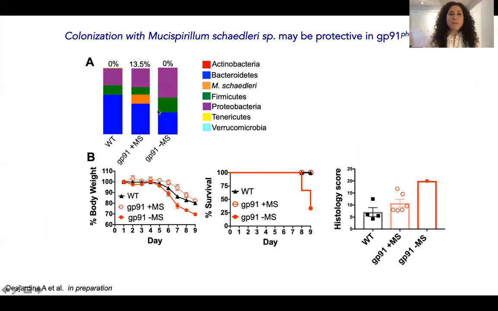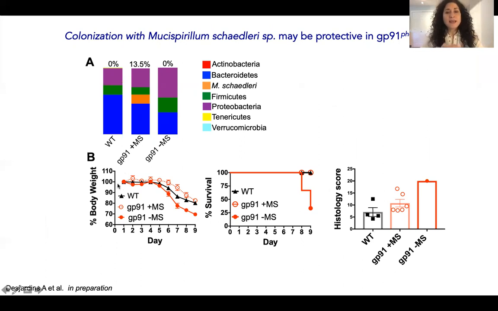So we went back and looked at our mice, and what we did here is we compared wild-type mice with GP91 mice that were colonized or not colonized with Mucispirillum schaedleri. This was clearly proven here by sequencing of the stool microbiome in our mice.